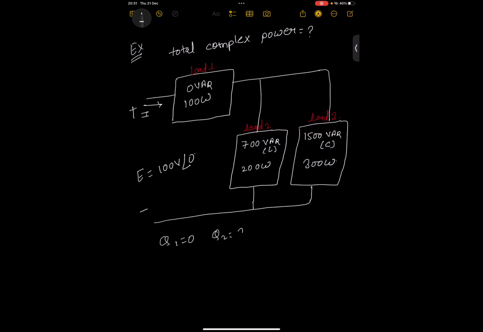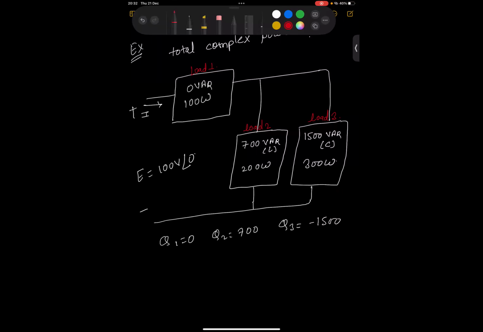That's why here negative for capacitance. Okay. So Q total, tell me Q total. Q1 plus Q2 plus Q3. So 0 plus 700 minus 1500, that will become minus 800.